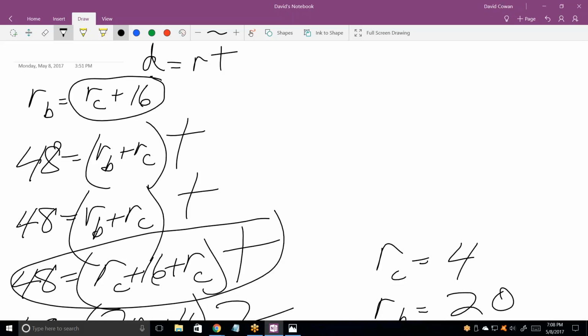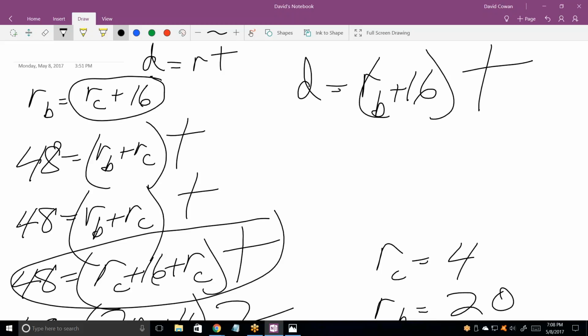It's really, really easy to say D equals the rate of the boat plus 16 times time, because when you're going with the current, you get a little bit extra from the rate of the boat. So it's easy to make that mistake, really easy. In fact, so easy that even in an hour last night, I could not figure out how I was making the mistake. But I had a little bit more chance to think about it today, and I figured it out.